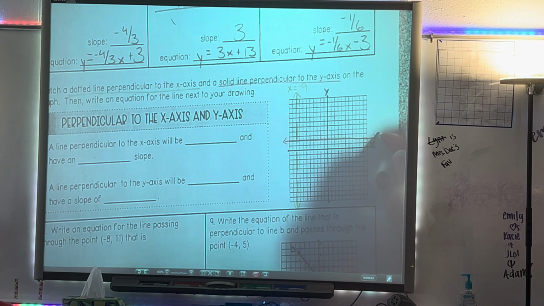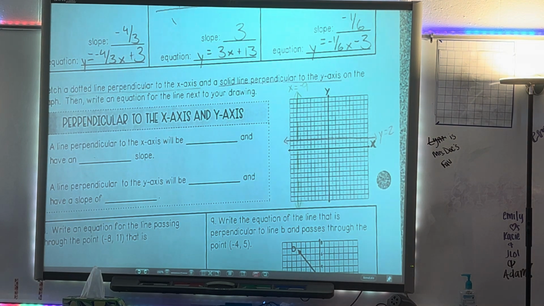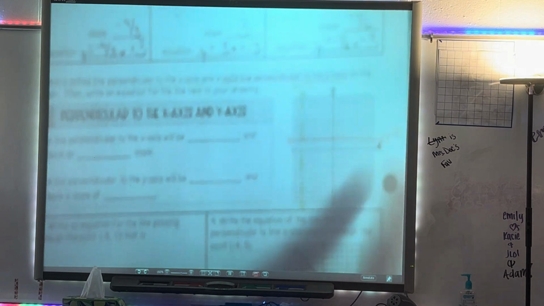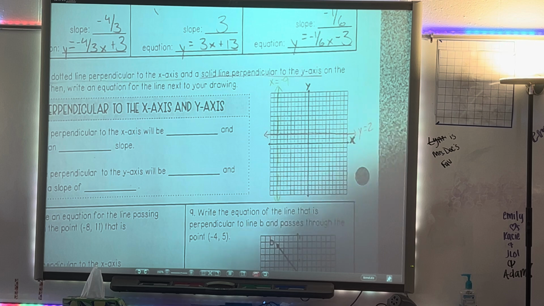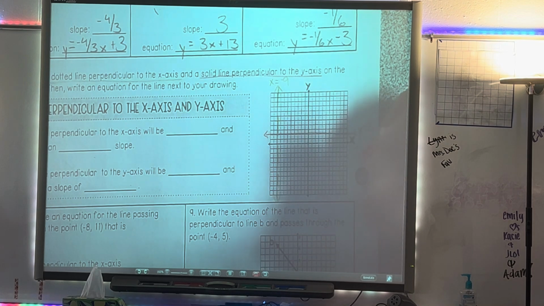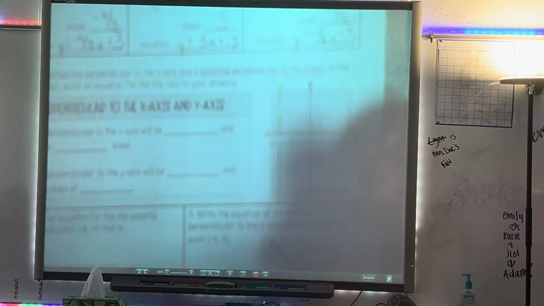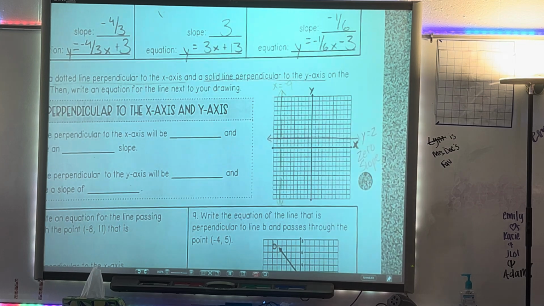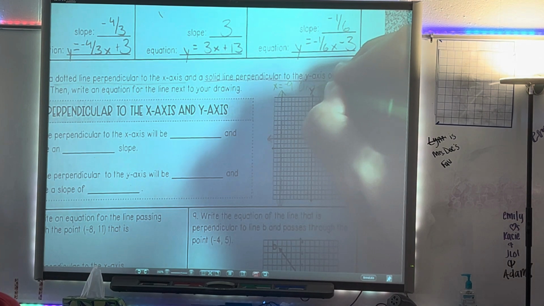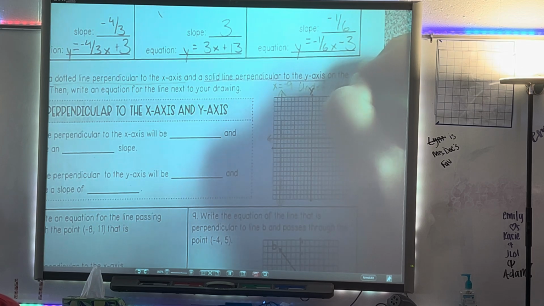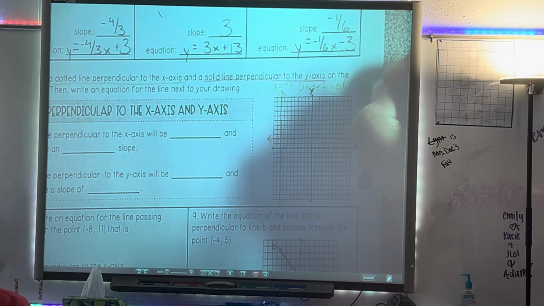This one has an equation of y equals 2. What is the slope of this line, my red line? Zero. Yeah, 0 slope, good. What's the slope of my green line up there? It's undefined. It is an undefined slope.